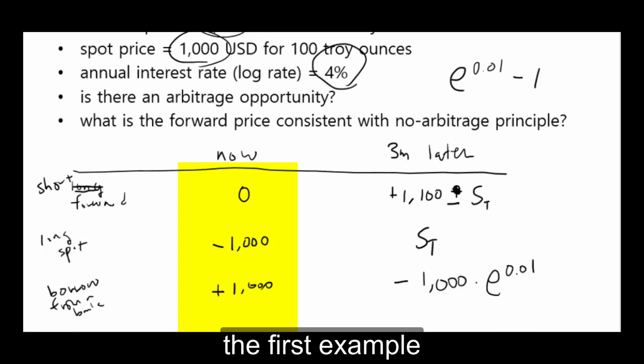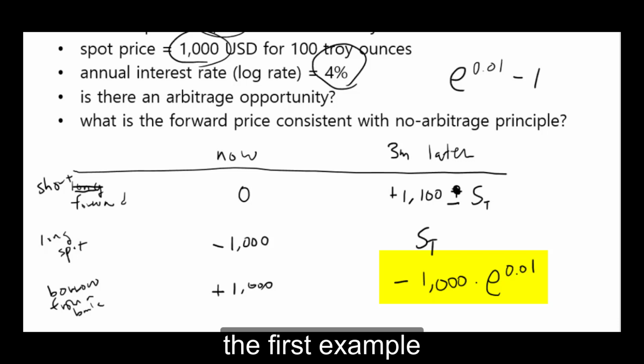So the cash flow is 0. Three months later, the influence of the spot price will disappear because you actually have gold, and you can just pass your gold to the counterparty of the forward contract. So you receive $1,100, and this amount is $1,000 and about 1%.